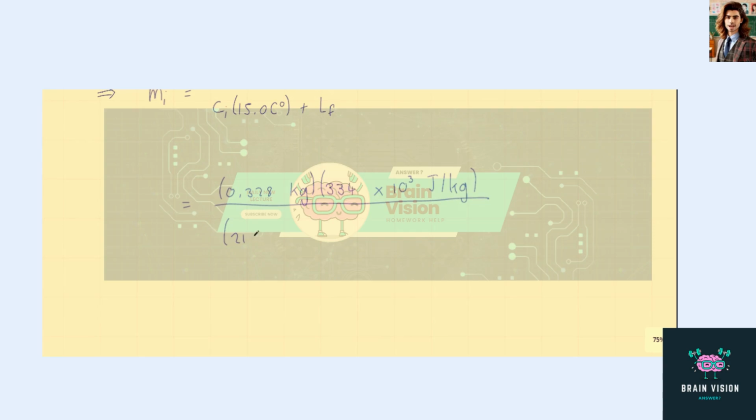Specific heat capacity is 2100 joules per kg Kelvin, multiplied by delta T, which is 15 Kelvin.